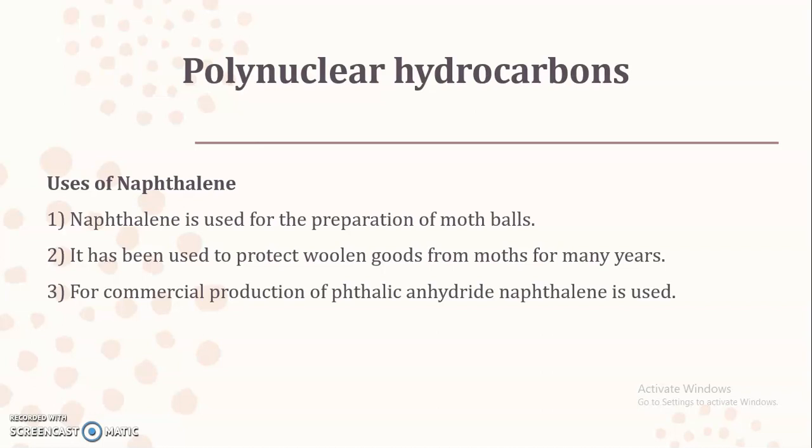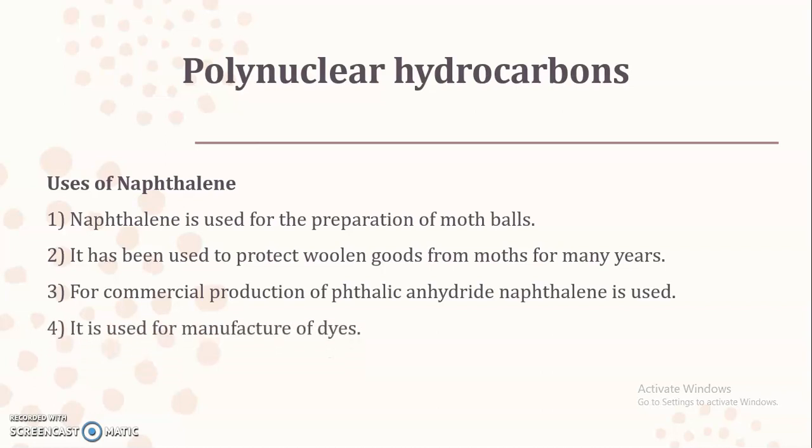For the commercial production of phthalic anhydride, naphthalene is used. Phthalic anhydride is one of the important reactants used for the preparation of various drugs as well as other products, and in the preparation of phthalic anhydride, naphthalene is used as one of the important compounds.